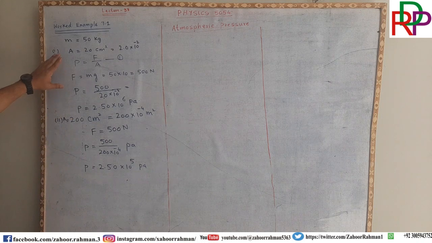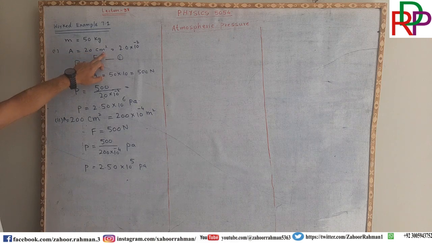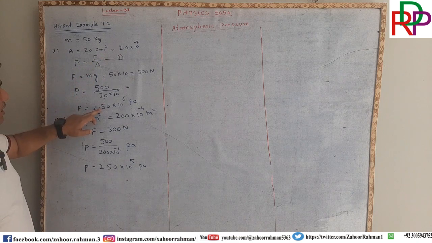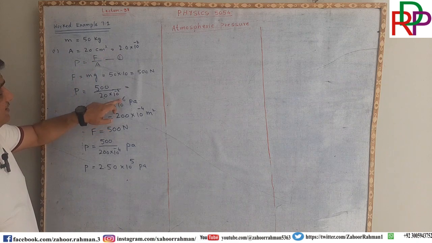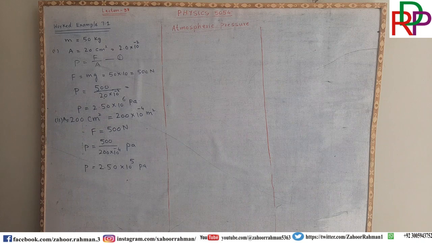Now, when the area in contact is 20 centimeter square, a pressure of 2.50 into 10 raised to the power 6 Pascal is exerted on the ground.